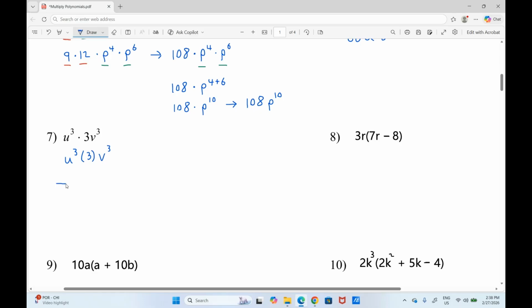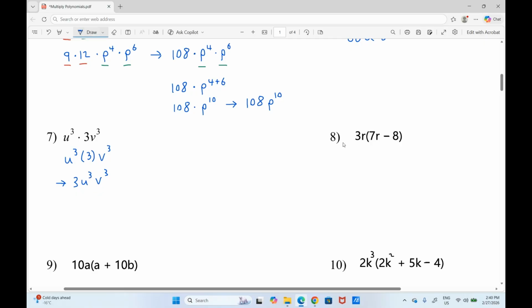So a better way to write this would be to put the 3 first, then order alphabetically. So u comes before v in the alphabet, so then we put u to the exponent of 3 and v to the exponent of 3. So notice all I did was rearrange. I couldn't simplify this anymore except for rearranging because I only have one u, one v, and one number. So I leave this as 3 u to the power of 3 and v to the power of 3.